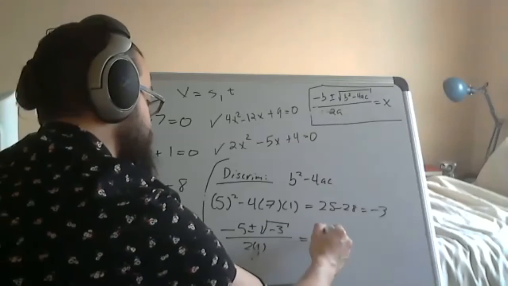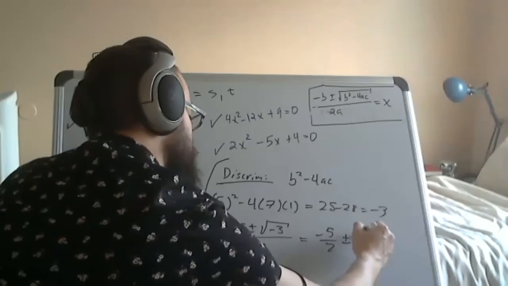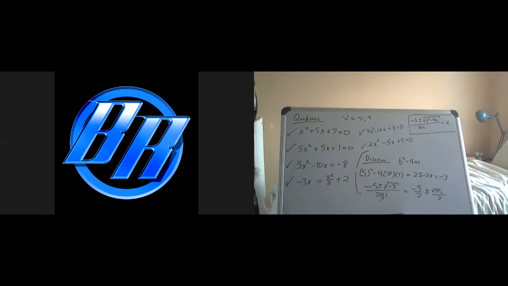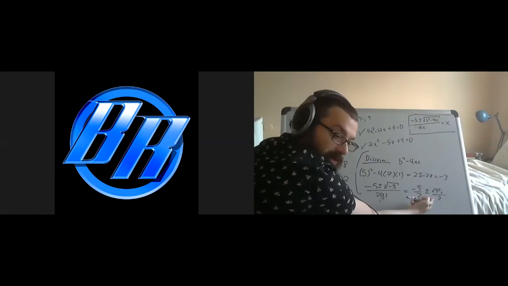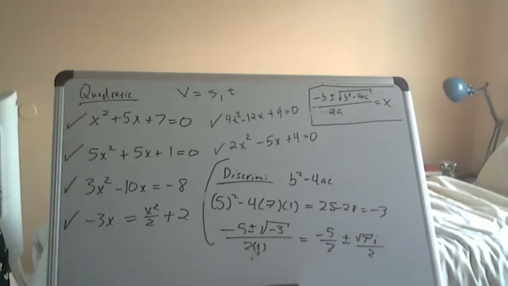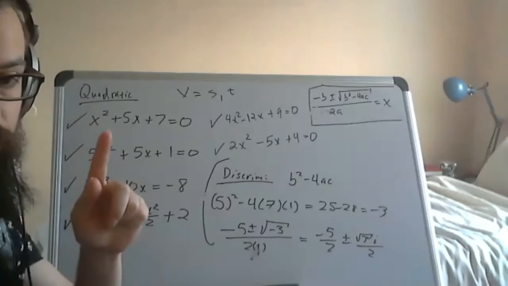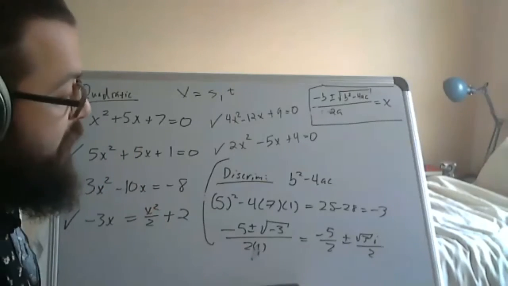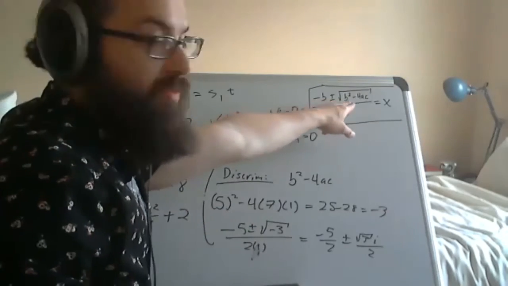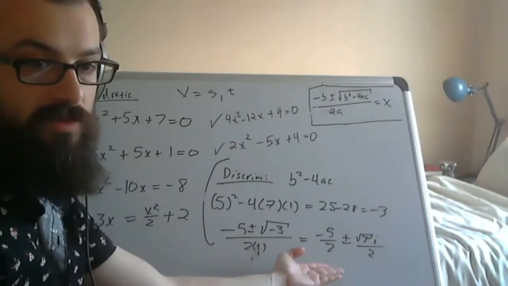The square root of negative something is going to pop out an i, meaning we're going to get a complex solution here, which is what this is. Okay. So that's the answer for the first one, right? Yes, that's what I got. Cool. It also shows you that when the thing under the radical is negative, you end up with two complex solutions.